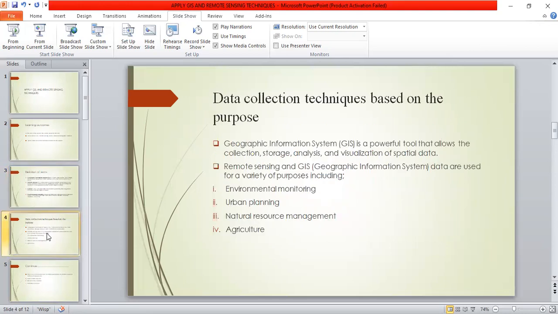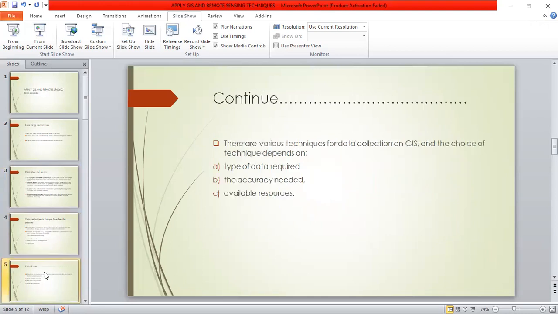Thank you. These are some of the purposes for collecting this data: environmental monitoring, urban planning, natural resource management, and agriculture, just the way you have put it.